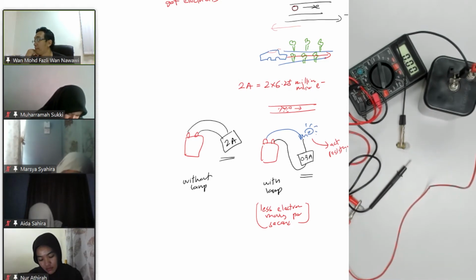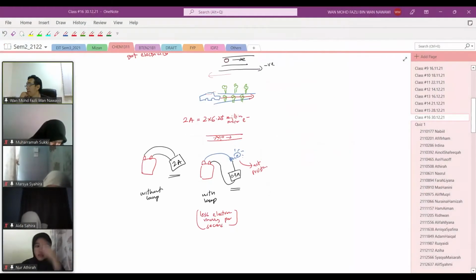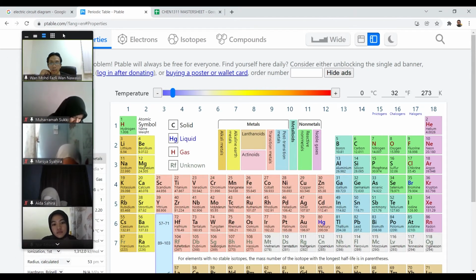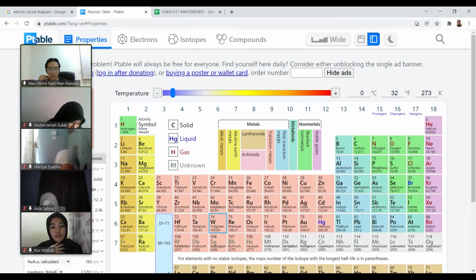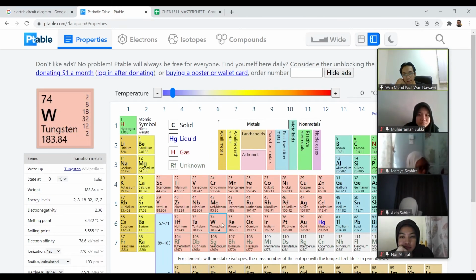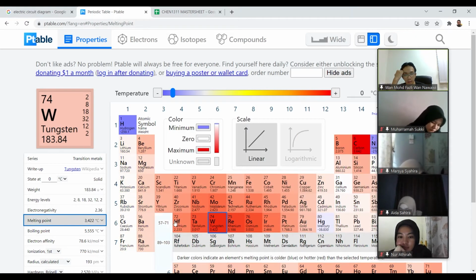If you look at the periodic table, tungsten has the symbol W. So why do people use tungsten as a material for filament? If I go to melting point, you can see the melting point of tungsten is one of the highest, 3.4 something like that.